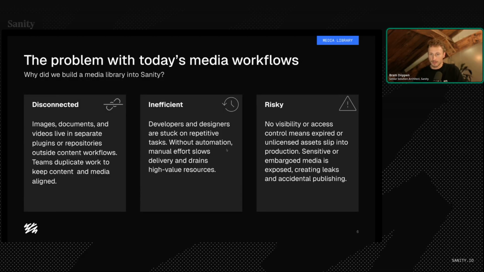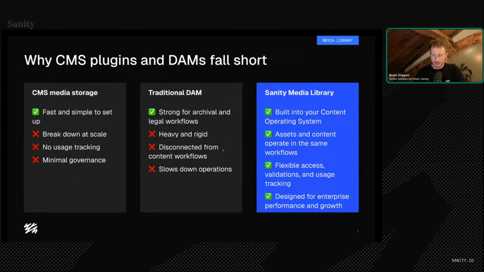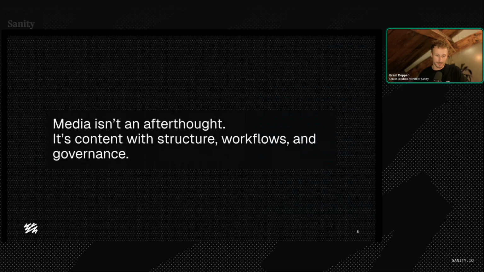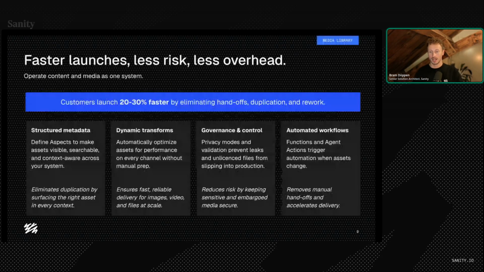So Sanity Media Library is built into your content operating system. So assets and content operate in the same workflows. You get flexible access, validations, and usage tracking. And it's also designed for enterprise performance and growth. So again, I want to emphasize that media isn't really an afterthought. It is content and should be content with structure, workflows, and governance.